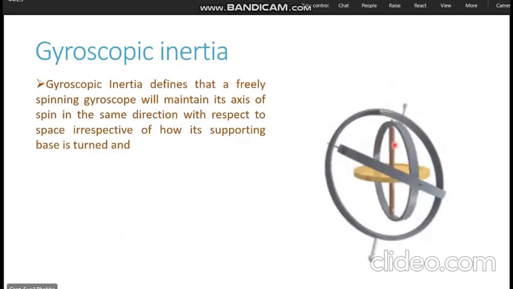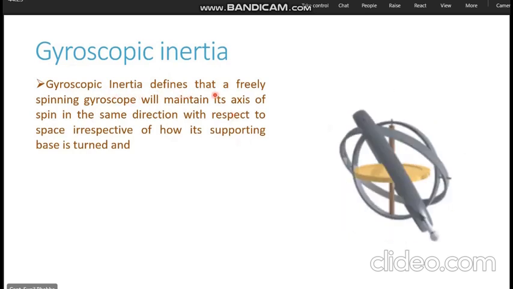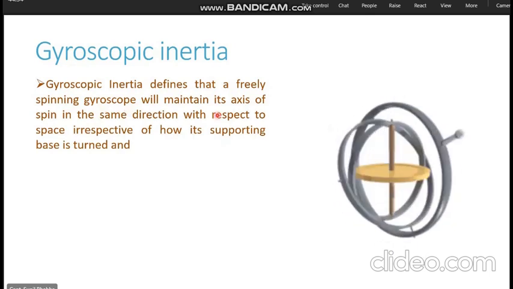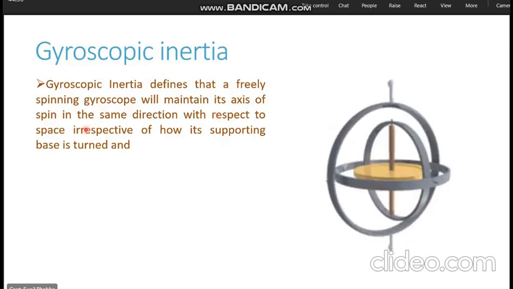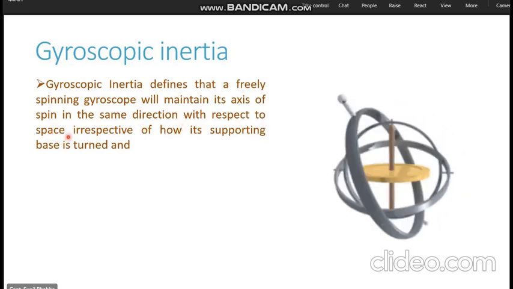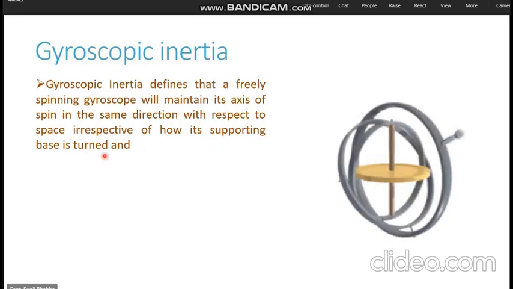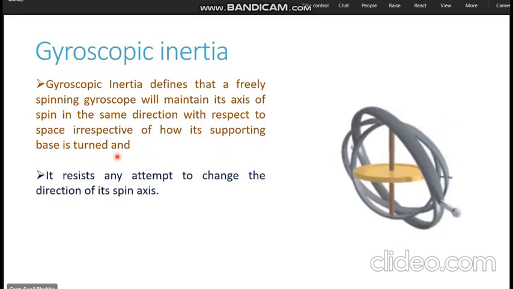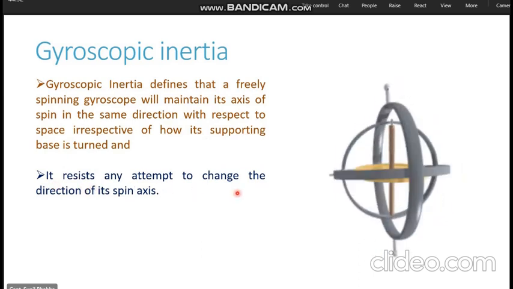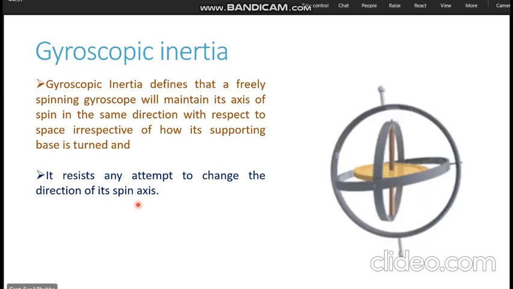We have the same gimbal arrangement which I showed you earlier. Gyroscopic inertia defines that a freely spinning gyroscope will maintain its axis of spin in the same direction with respect to space, irrespective of how its supporting base is turned, and it resists any attempt to change the direction of its spin axis.